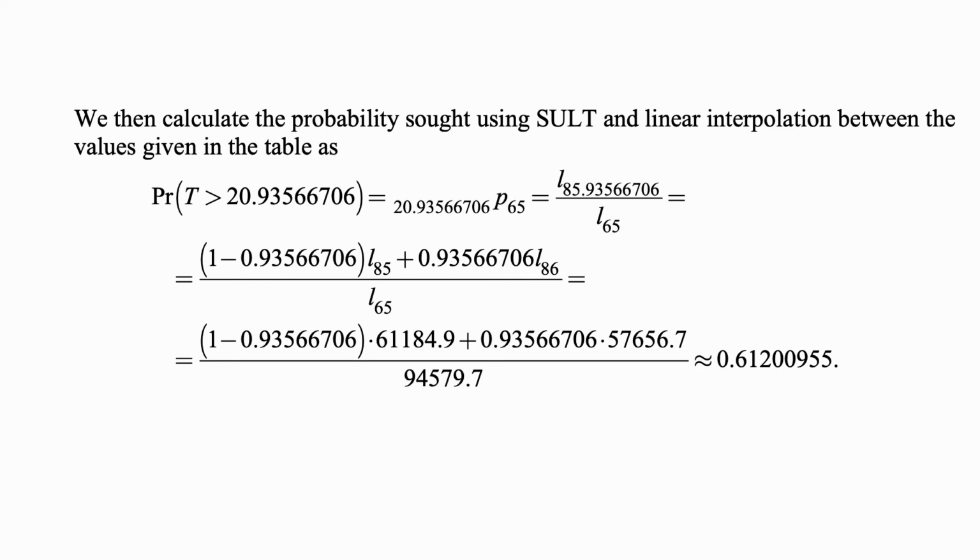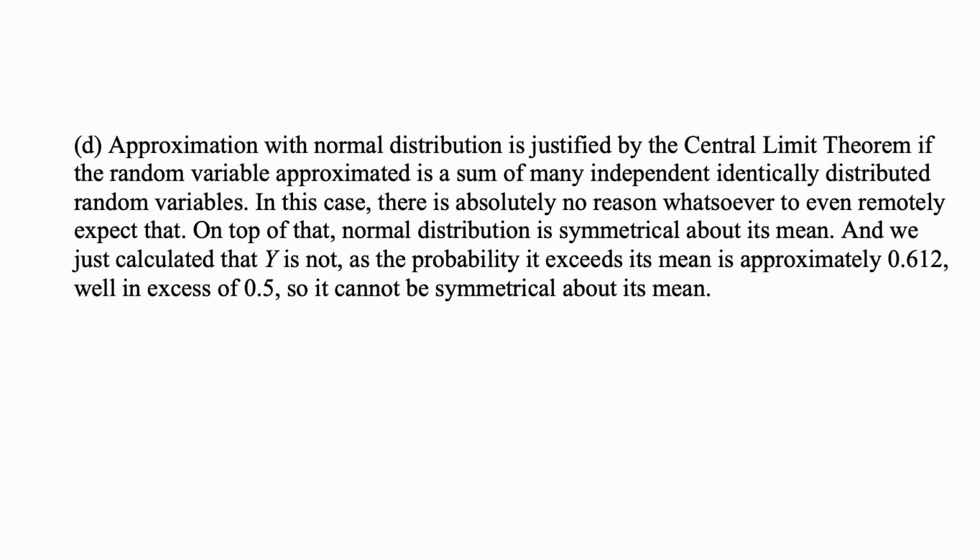It's an important thing to notice that this is not anywhere close to 0.5. The probability of being more than the mean is much more than 0.5. The distribution is not symmetric about its mean. So, approximation with normal distribution is justified by the central limit theorem if the random variable approximated is a sum of many independent, identically distributed random variables.